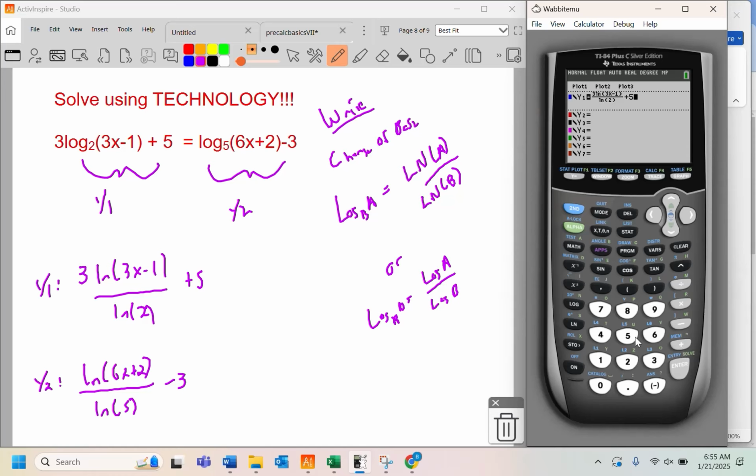All right, so we got 3 ln (3x minus 1) over ln of 2 plus 5. Arrowing down. ln (6x plus 2). Oops, I forgot to go to math, num, n over d, didn't I? I'm old school.